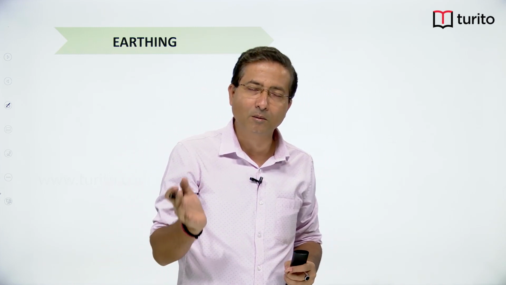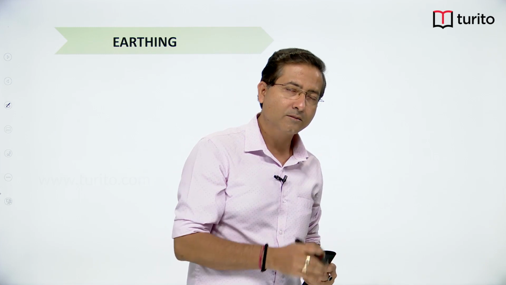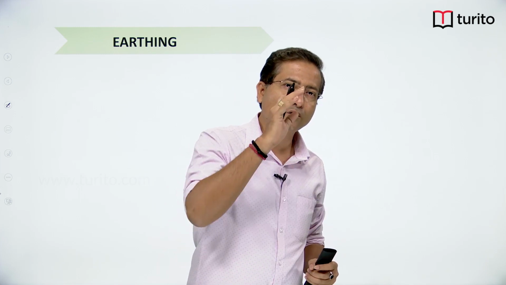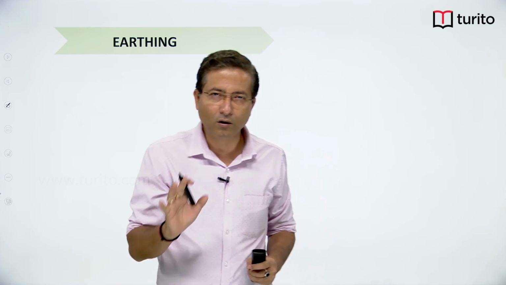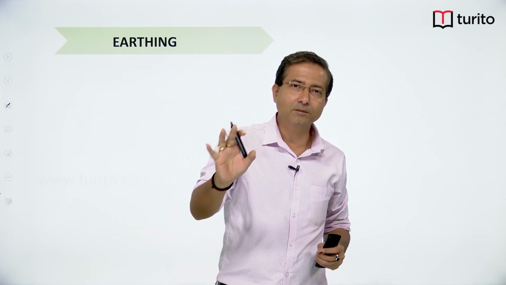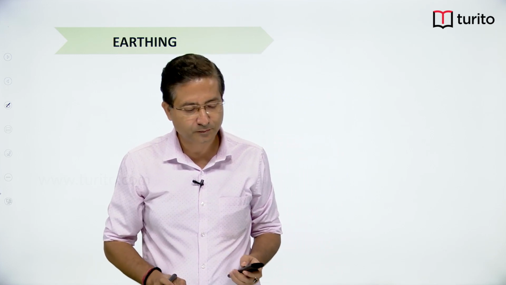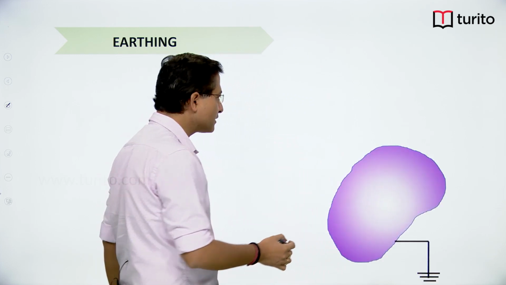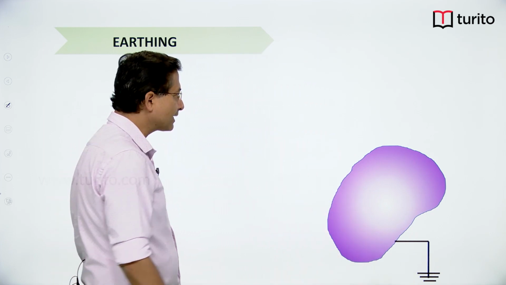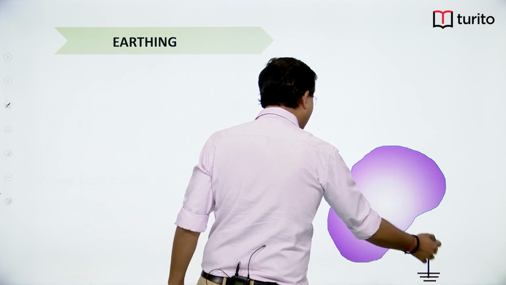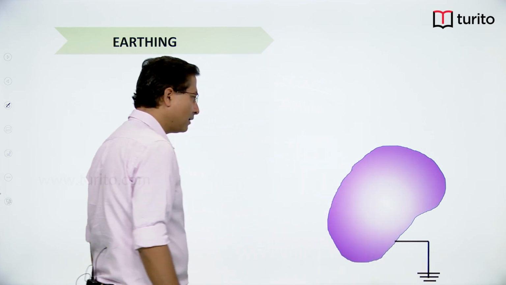So, charge may come from earth to the conductor or charge may go from the conductor to the earth. The condition is that the potential of the conductor will finally become 0, right. So, this is a symbolic representation of earthing. We connect any conductor to earth, and this is the way we represent earthing.